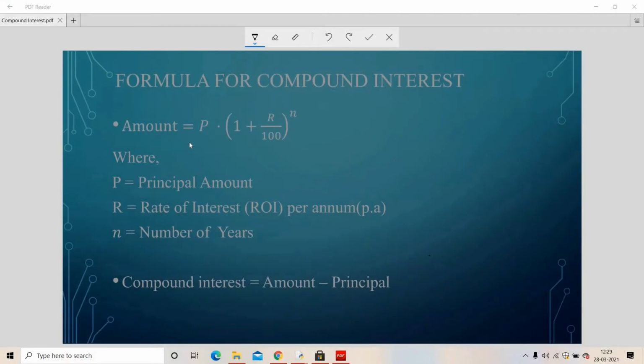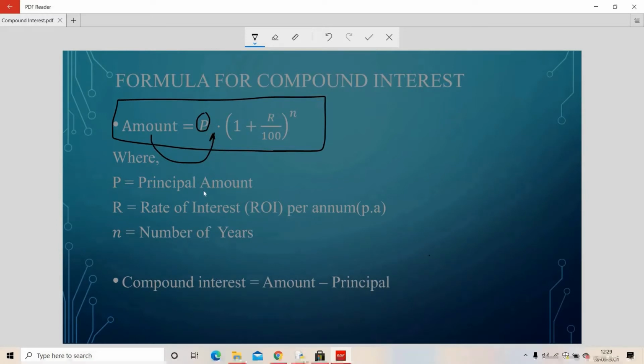The amount which we'll get after investing some amount of money is calculated using this formula. In this formula, amount is calculated by multiplying principal with 1 plus r upon 100 raised to n, where p is principal. Principal is the amount which we have invested.